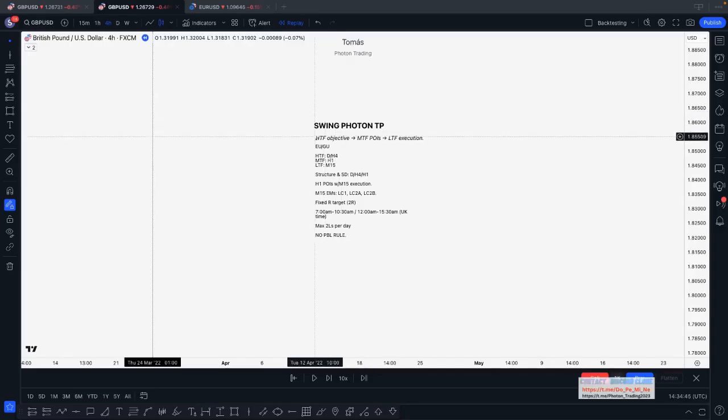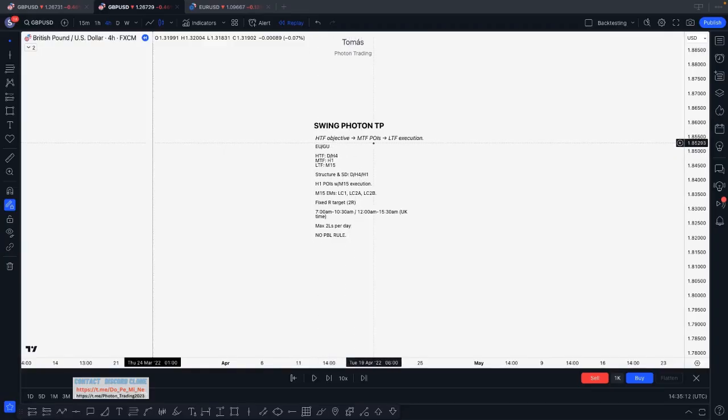I'm just finishing the yearly ASR, which is basically going through the entire yearly trades, and the best ones, let's say, all of them are based on higher time frame objectives. Okay, all of them follow those kind of moves, and when it's from the higher time frame objectives, the price just goes smooth. So it's very important. Higher time frame objective, medium time frame POI, and lower time frame execution.